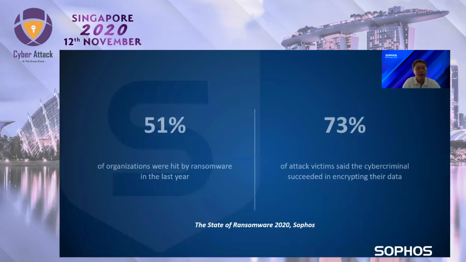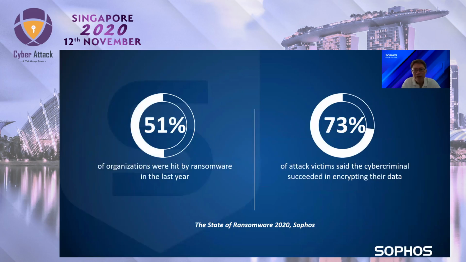Now, let's look at a survey that we conducted in the early part of this year. About 5,000 IT managers across 26 countries. When we look at the numbers, it's pretty staggering. More than half of the respondents reported that they had been hit by some form of ransomware last year, in 2020.